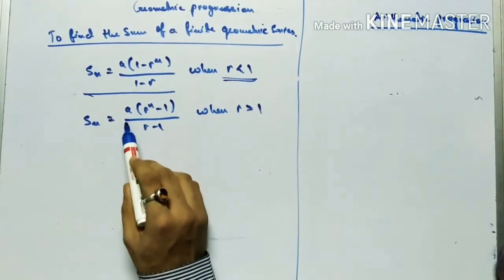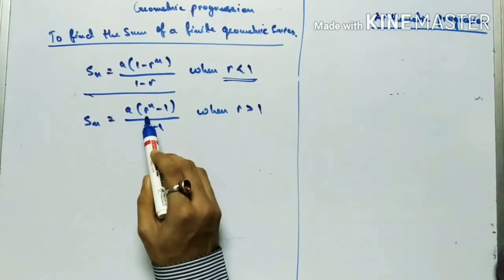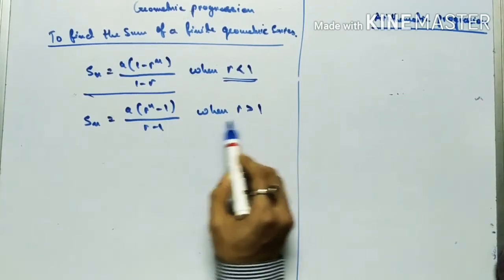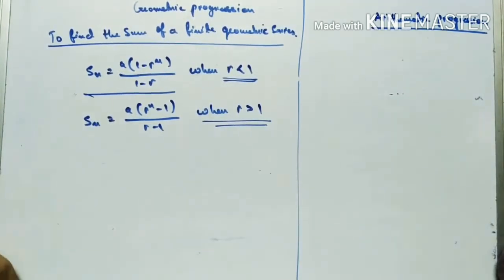And Sn is equal to A into r to the power n minus 1 by r minus 1 when r is greater than 1.